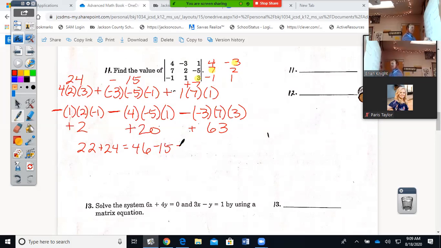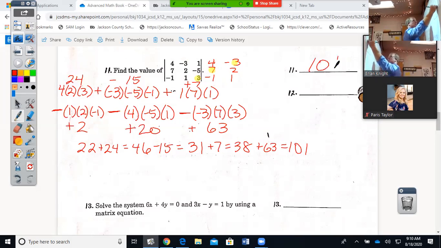Minus 15 would be 31. Plus 7 would be 38. And 38 plus 63 is 101. The same answer. Doesn't matter which way you do it.